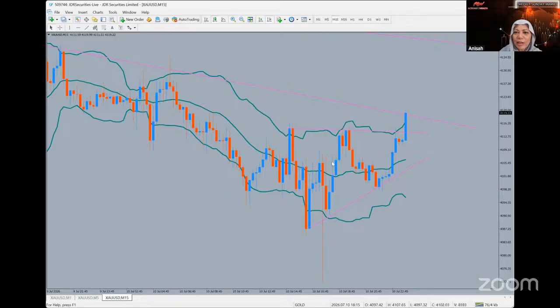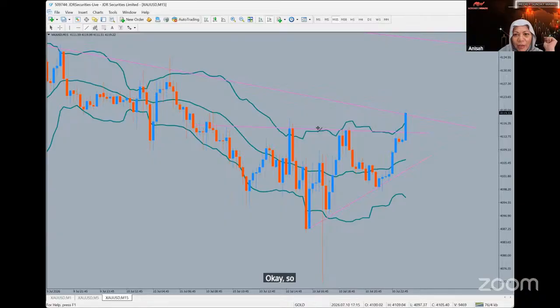Okay, so this looks like a double bottom, or actually, this is actually an inverted head and shoulder.